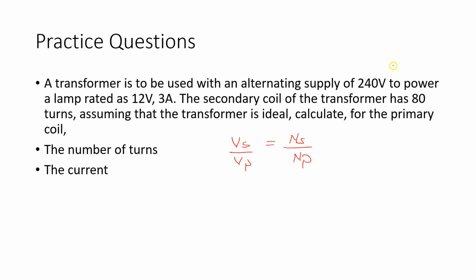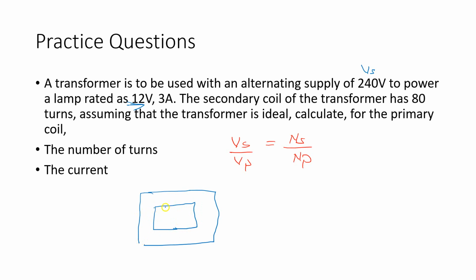First, they told us what our initial alternating supply is, which has this amount of voltage. Now, this is the amount of voltage that is required to turn on the lamp. So in your home, when you are plugging in a lamp to turn on some light, let's just draw a quick transformer here, because I want you to see that this is going to be a step-down transformer.